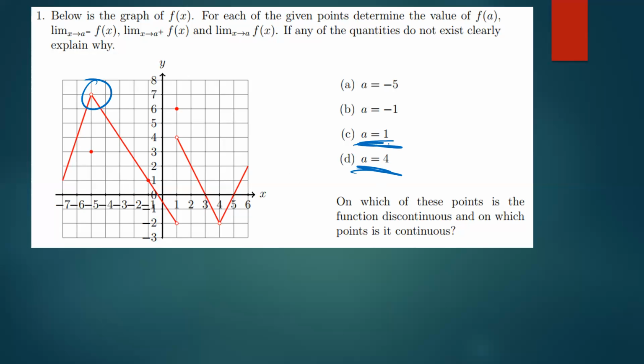So first of all, we find f of 1 according to the question. So f of 1, we have to check if we have a dot there, if the dot is shaded there. The dot here is at 6. So f of 1 gives us 6.